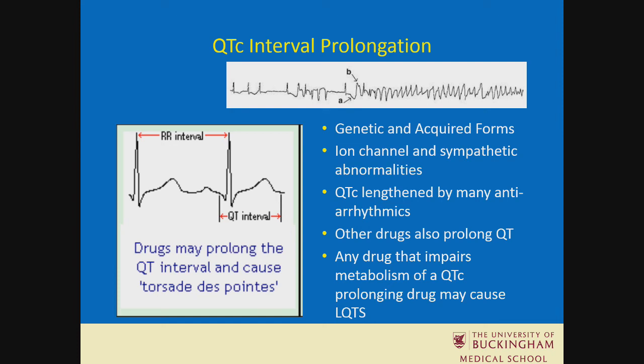The problem was that fluconazole is a drug that can increase QTc, so it caused a repolarizing deficit in her heart. She had this torsades episode, blood wasn't being circulated, and down she went and dropped the child.